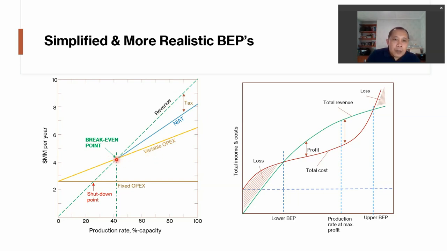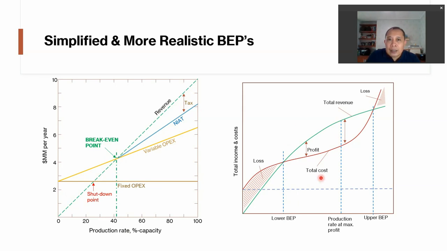So this is your break-even point, which for this particular example happens at roughly 42% of production capacity. Below this, you will get negative income, you will not get any profit, and above the break-even point, you will start to generate net income after tax.